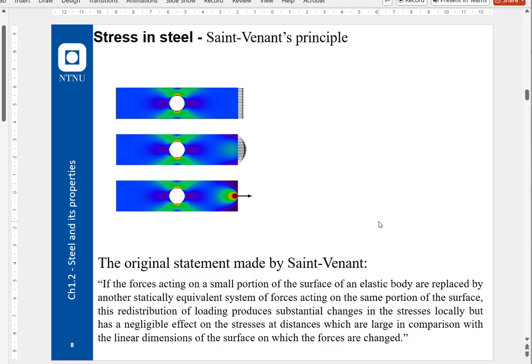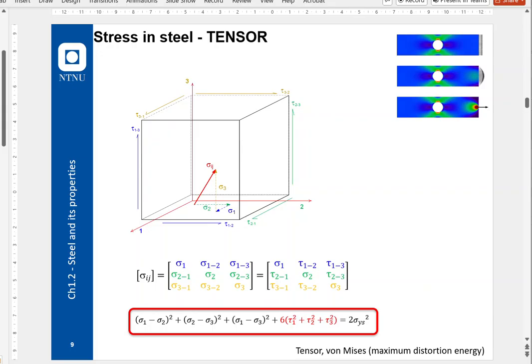Knowing this is quite important, and the effect of it is this. We are decomposing the acting stress. We are decomposing it into 9 components.